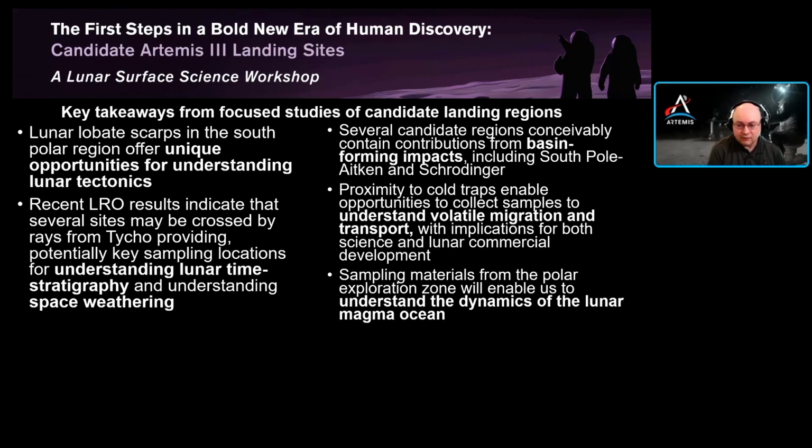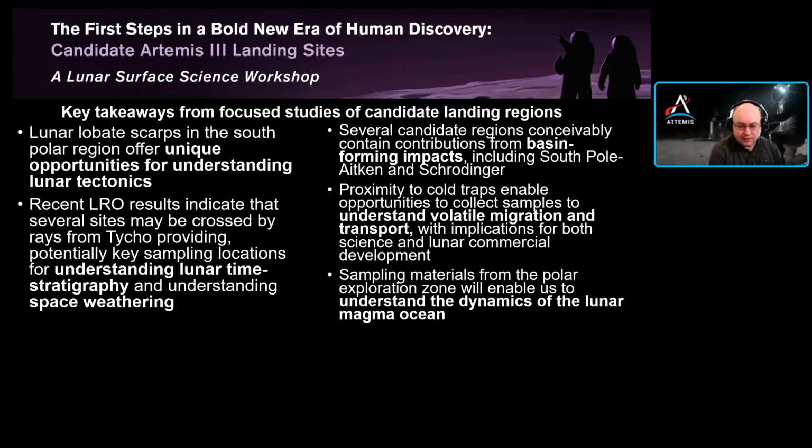There were several candidate regions that conceivably contain contributions from basin-forming impacts, including South Pole-Aitken and Schrodinger. The proximity to cold traps could enable opportunities to collect samples and understand volatile migration and transport processes. Even though we're not contemplating cryogenic sample return on the first Artemis 3 mission, there still could be very useful insights with profound implications for both science and the economic development and commercial operations in the system of space on the Moon, which is a central focus of national policy.